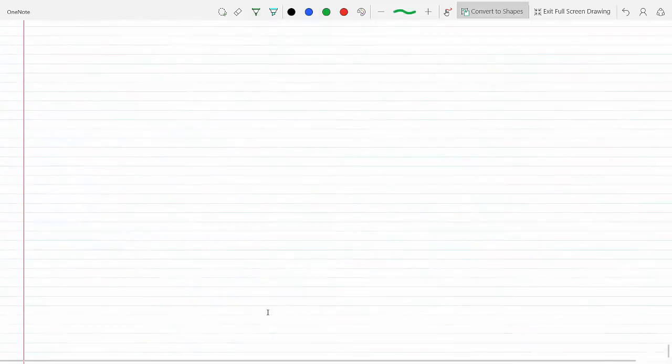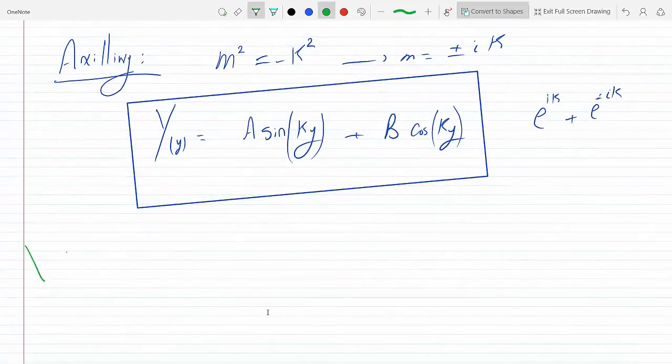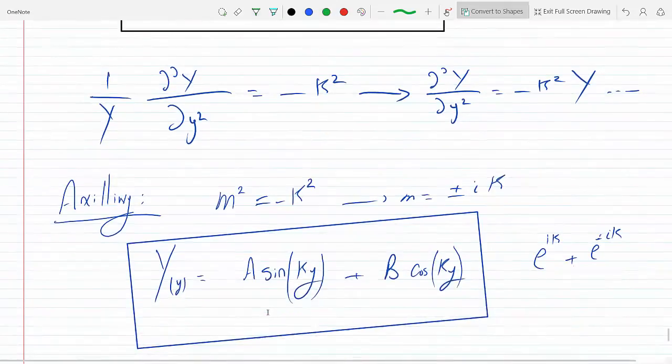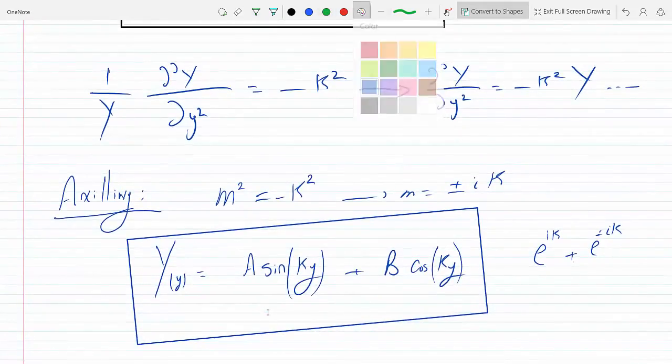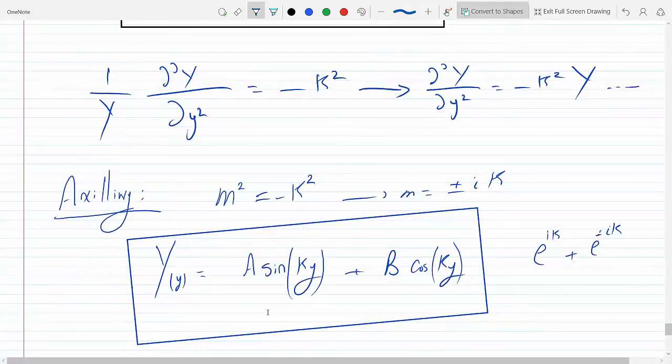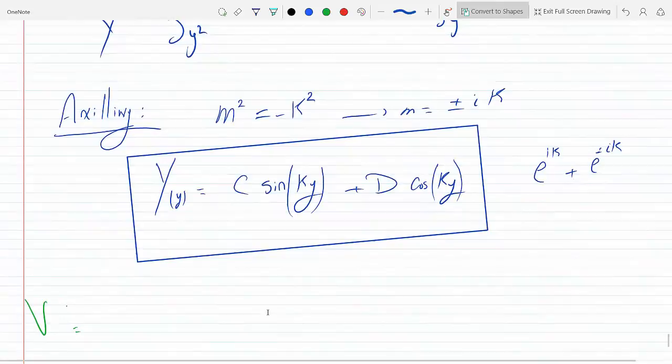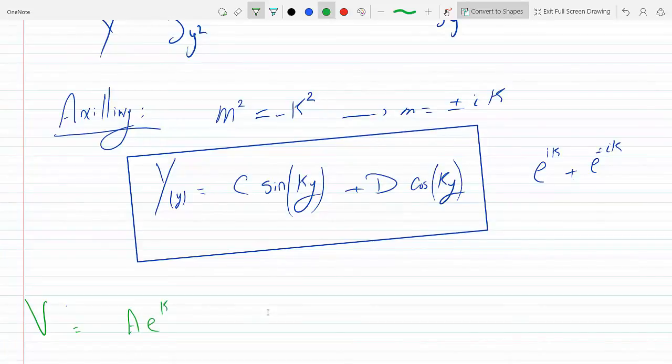So now my v is, I should use something different than a and b, because they're not supposed to be the same. So let's do C and D. So now my v is A e to the kx.